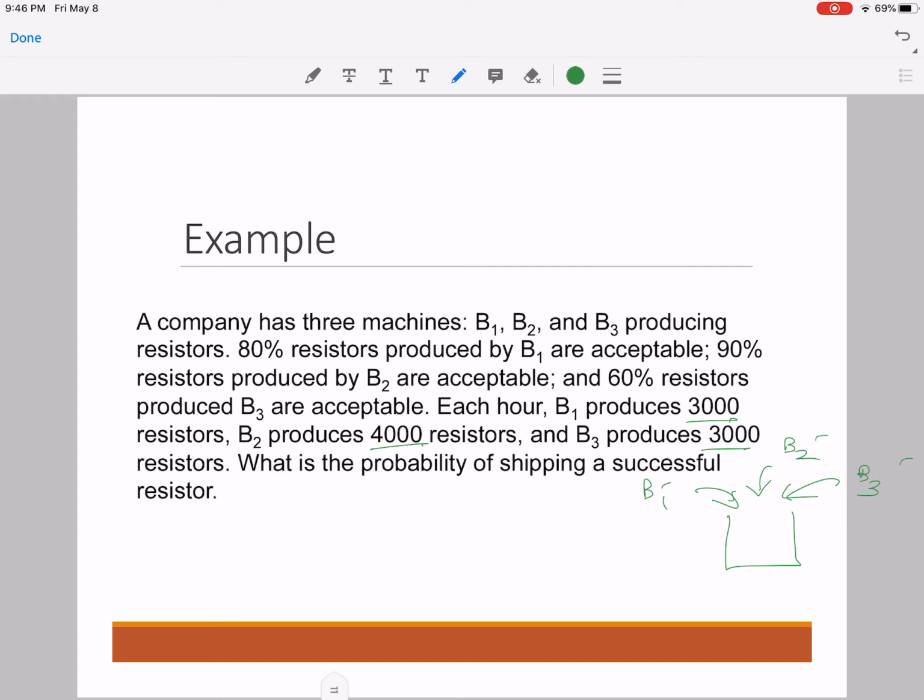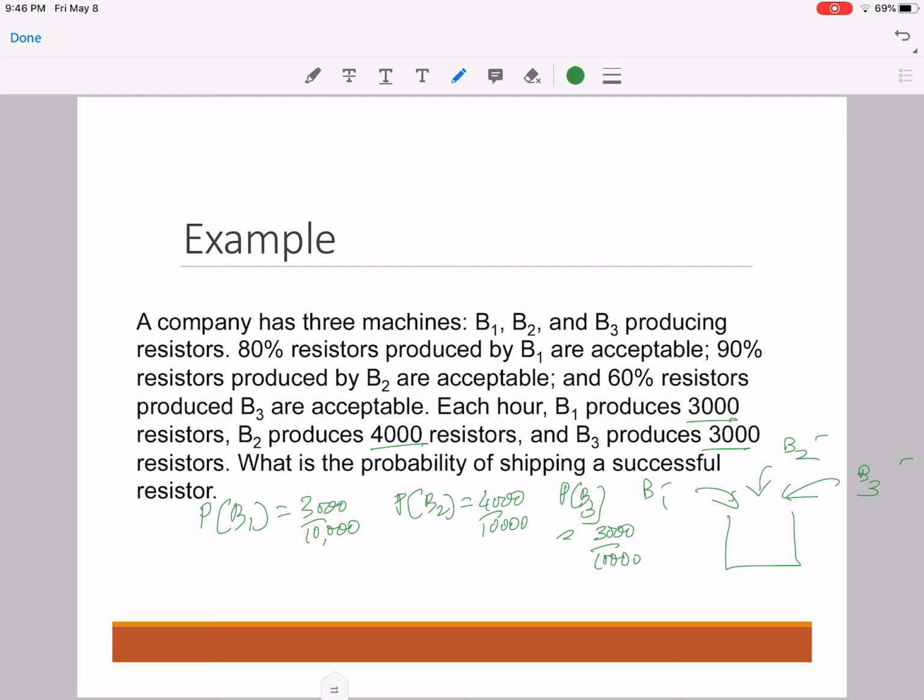Specifically, the probability of B1 will be 3,000 out of 10,000, because if I pool all of these resistors together, I will have 10,000 overall resistors, out of which 3,000 belong to B1. Similarly, the probability of B2 will be 4,000 over 10,000, and the probability of B3 will be 3,000 out of 10,000. So these are the probabilities of selecting these sources.